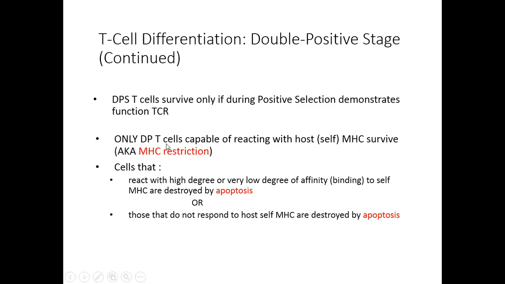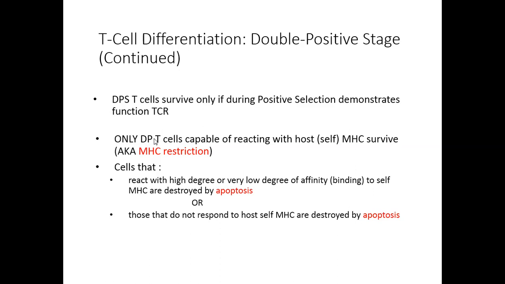If the double positive cell is incapable of binding to a self MHC, that's not a good receptor, right? It's not a good cell, so we want that cell to die. And this testing of self MHC is called the MHC restriction. It's a test to see that the major histocompatibility complex is able to react with the double positive T cell that we're staged at.